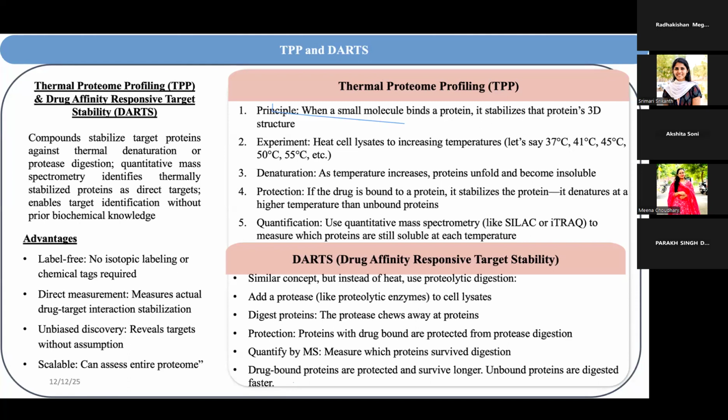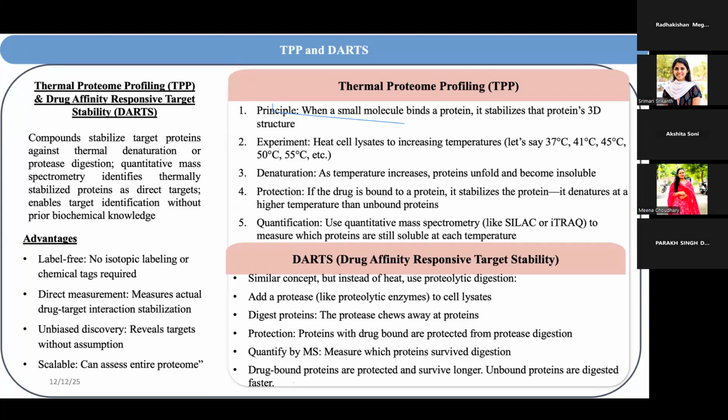So we denature and we use drugs. In TPP, the principle is when a small molecule binds to the protein, it stabilizes the protein's structure. During the experiment, we heat the cell lysates with increasing temperature and denature them. If a drug is bound to a protein, it stabilizes the protein, otherwise it denatures.